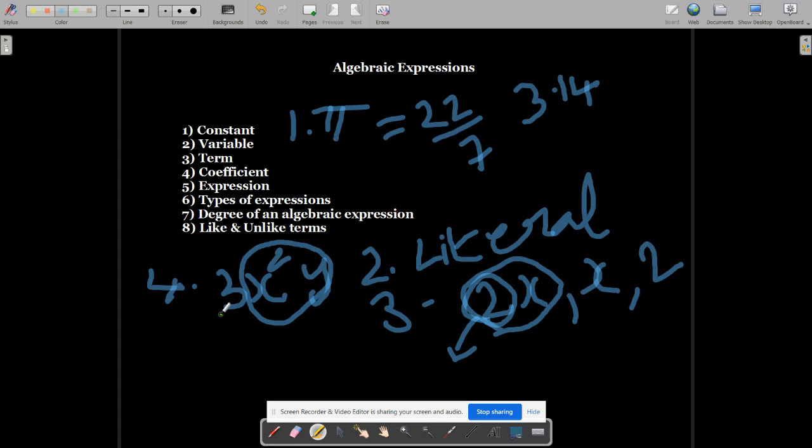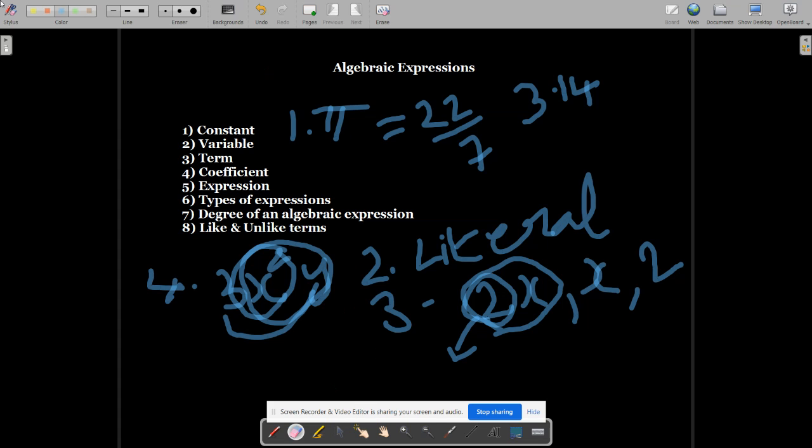If they ask what is the coefficient of x square, then it is 3y. If they ask what is the coefficient of y, it is 3x square. So, this is coefficient.